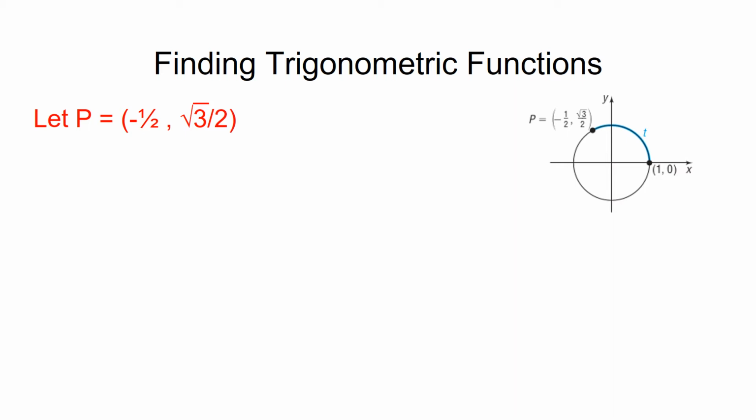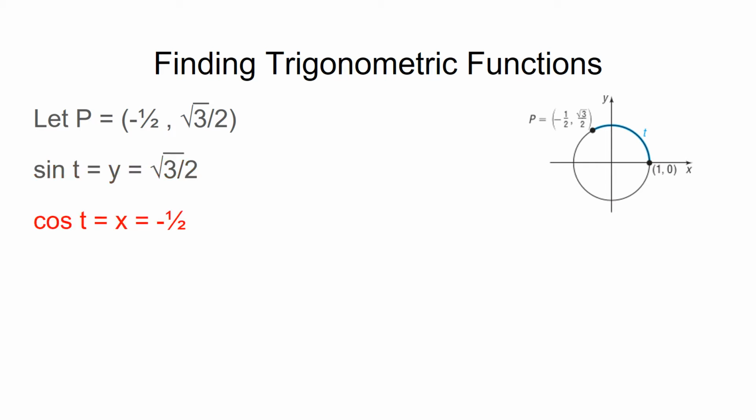If we have a certain point P, say, as in this case, minus 1/2, comma, the square root of 3/2, that's on the unit circle, it is straightforward to find the trigonometric functions. For instance, the sine of t is going to be equal to y, which is equal to the square root of 3/2.